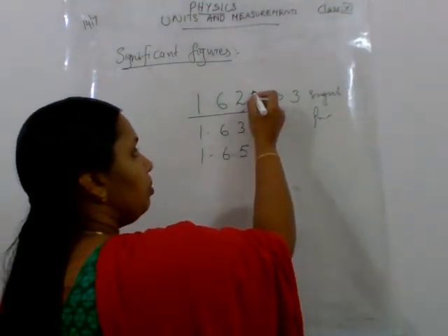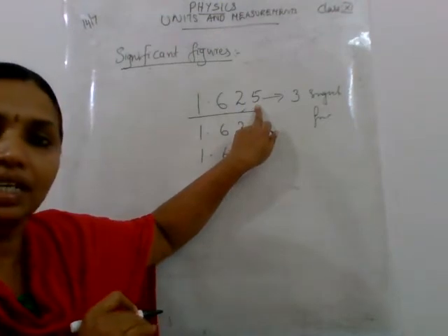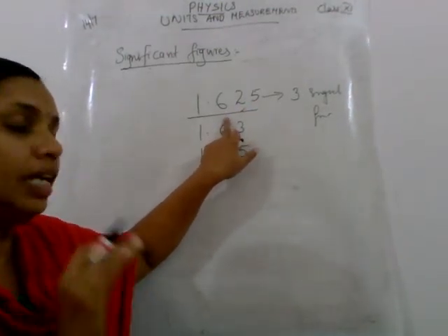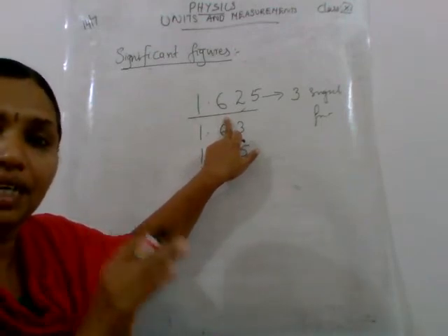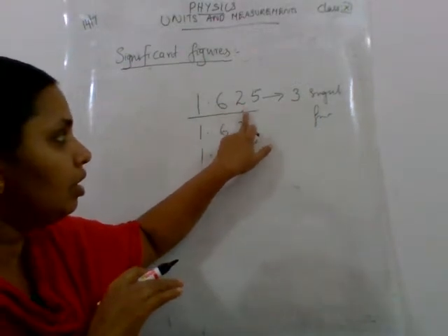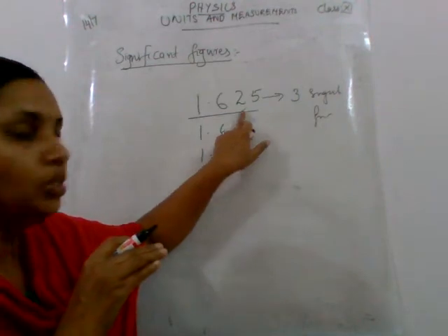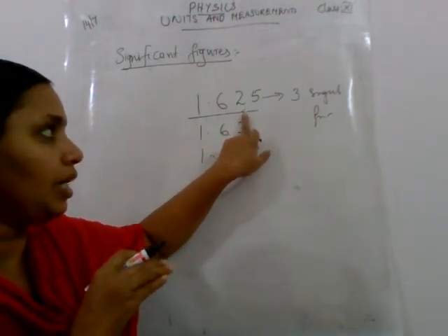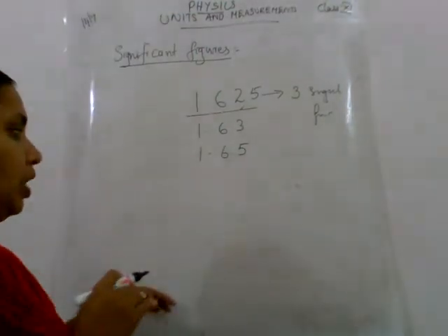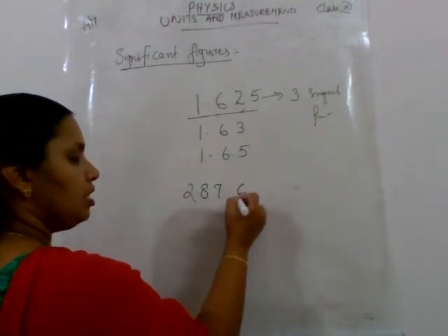Here I am adding one more, that is 5, but that 5 is not a significant figure, because 1.6 is reliable and will be the actual time period, plus the next figure that may vary. So those 3 digits are the significant figures here. And suppose you are measuring a length, 287.6.